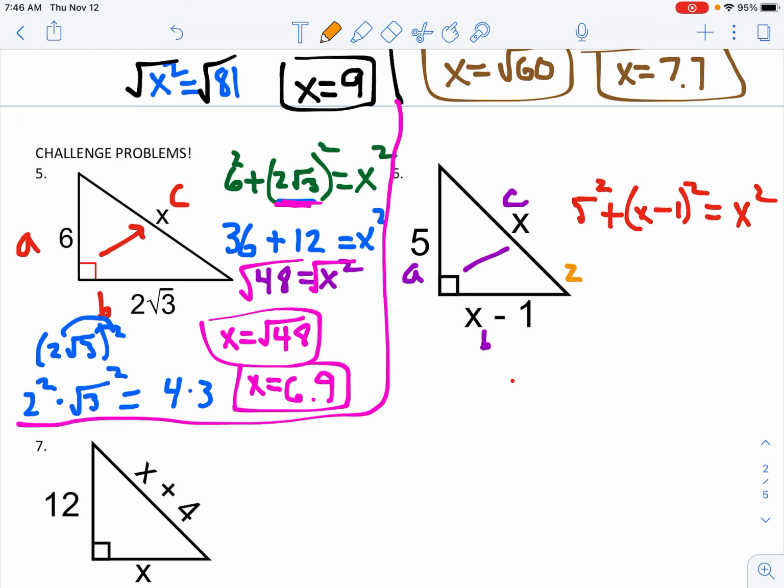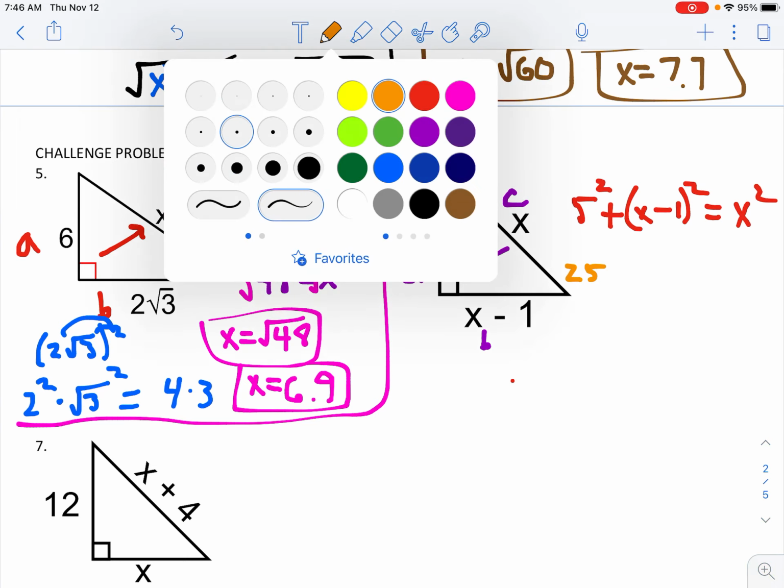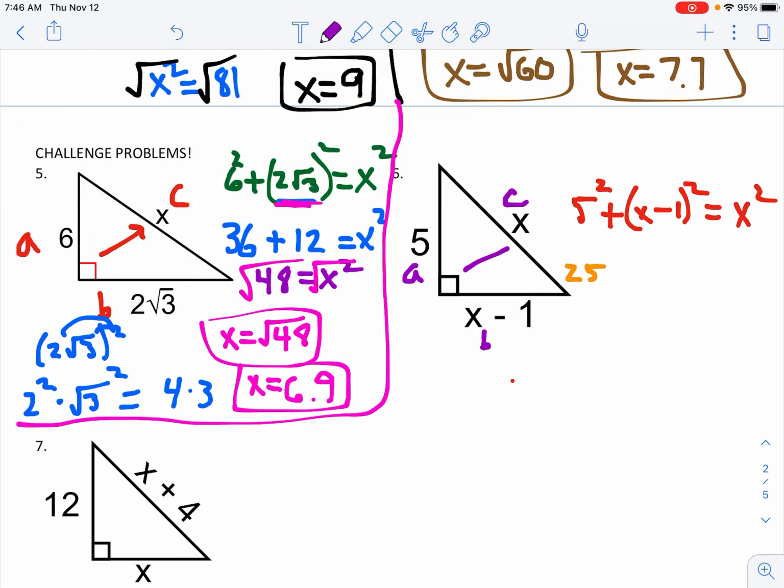5 squared is 25. The problem is that we have this right here in parentheses that needs to be squared. All right, we're going to take a walk back to algebra land. If I have something in parentheses squared like that, it technically means that I need to write it twice and do FOIL.